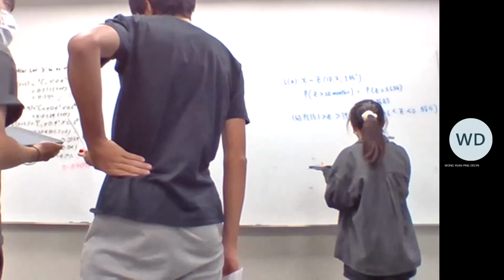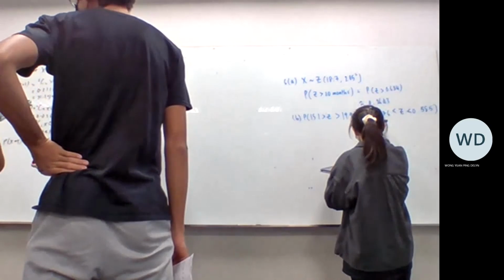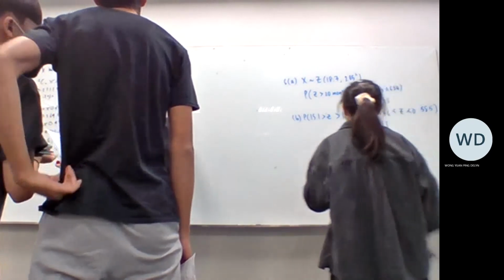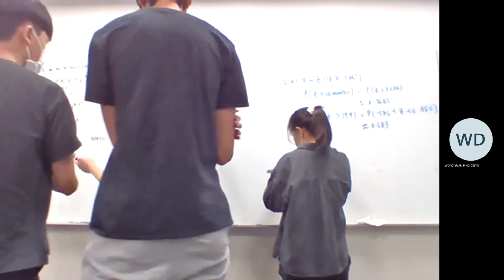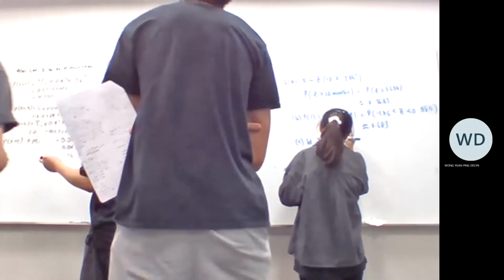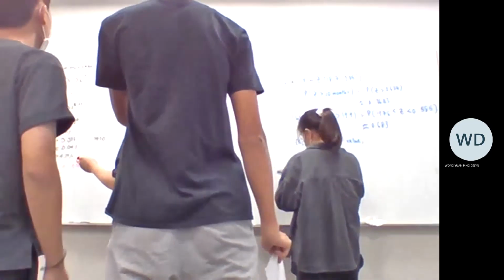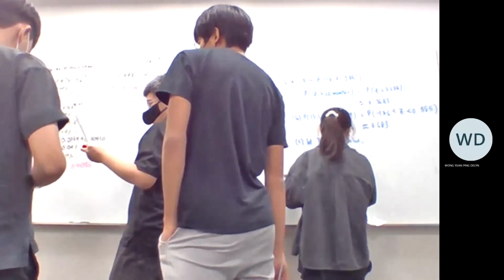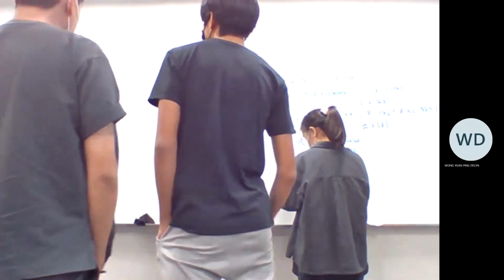At least one box, so it's 1 minus the probability of a box with 0 per cake.